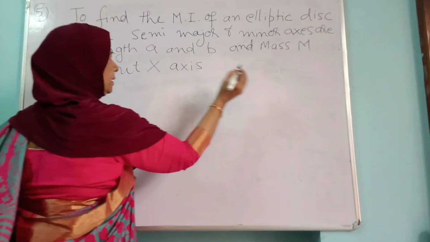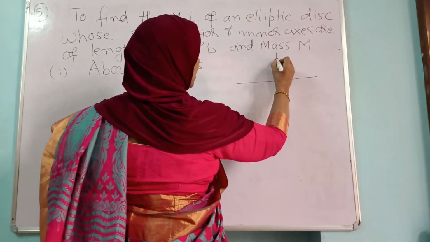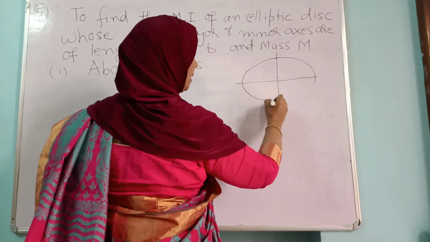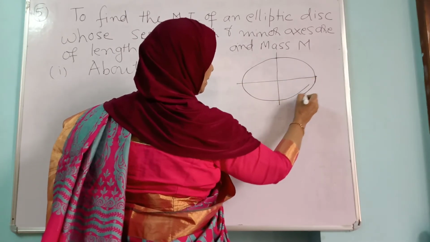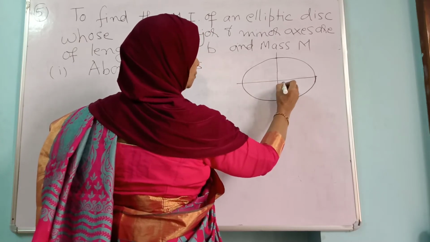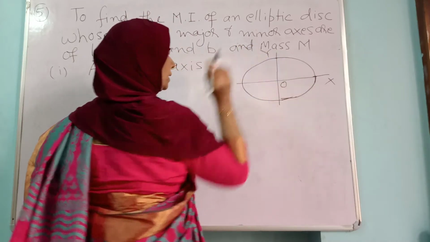Now what is the x-axis? Let us draw the figure. This is the elliptic lamina. Okay, this is your origin, x-axis, y-axis.